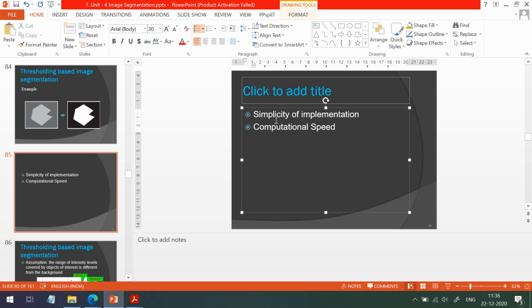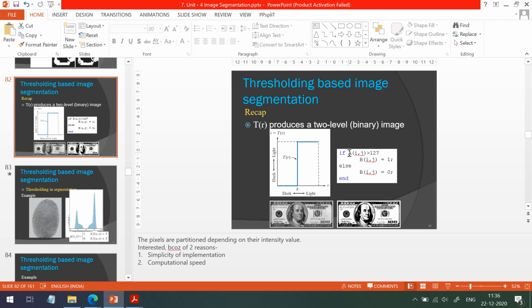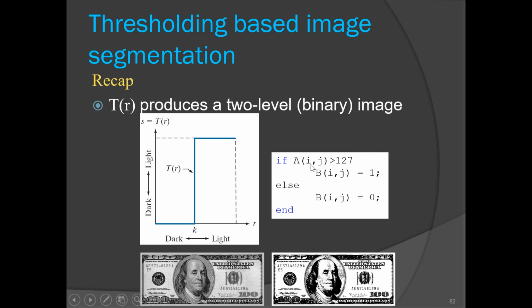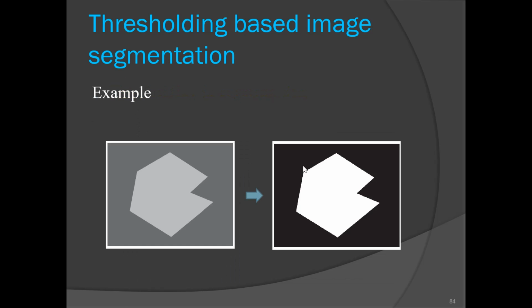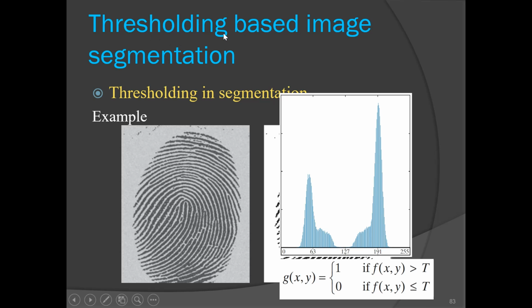Why? Because here we are working on the individual intensity level. We are not considering a neighborhood around the pixel, right? So that's why it has better computational speed, and it is very simple to implement. That's why we are interested in the thresholding operation.